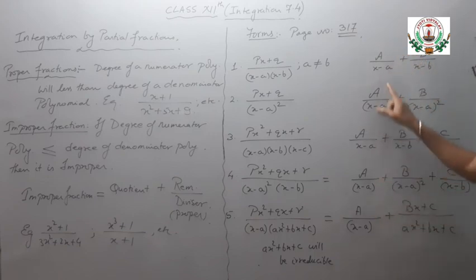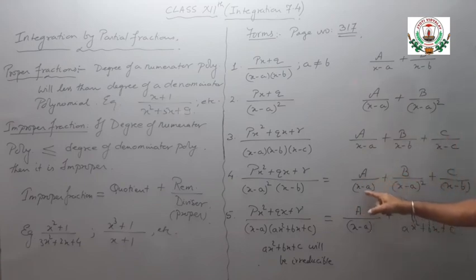Everywhere you can see the constants are there and the degrees are 1. Here it is a repetition, no problem. But here you can see that the degree is 2.